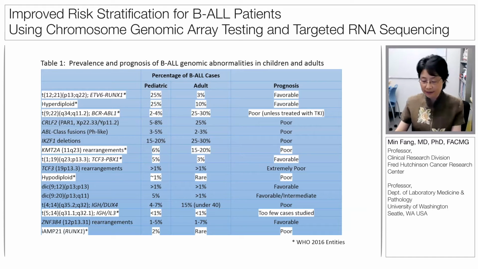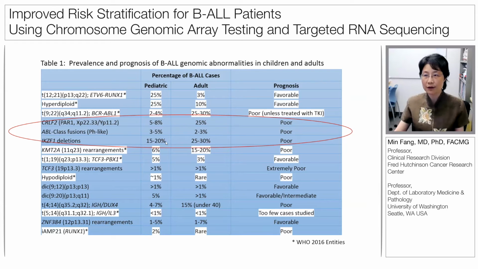What I'm trying to focus on today, however, are these three categories: Ph-like, IKZF1 deletion, which are common in both pediatric and adult patients, as well as CRLF2 rearrangement.